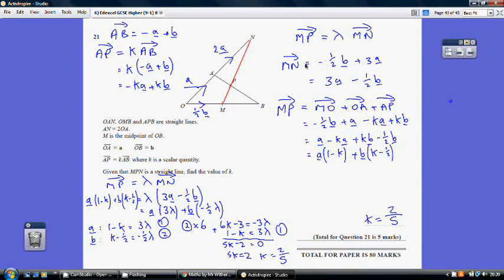So let's go and think about the vector going from M to N. Well, that's going from M to O and O to N, which is a minus a half b plus a plus 2a, which is a minus a half b plus 3a, which is 3a minus a half b.